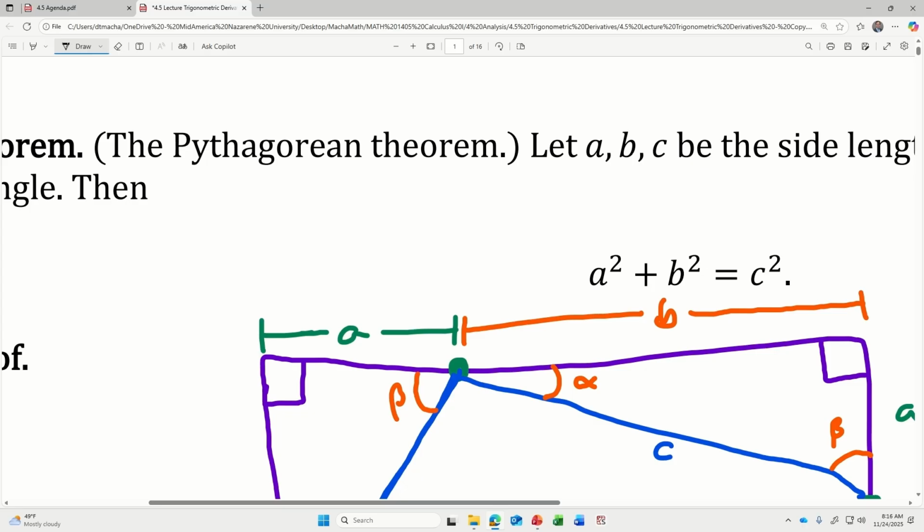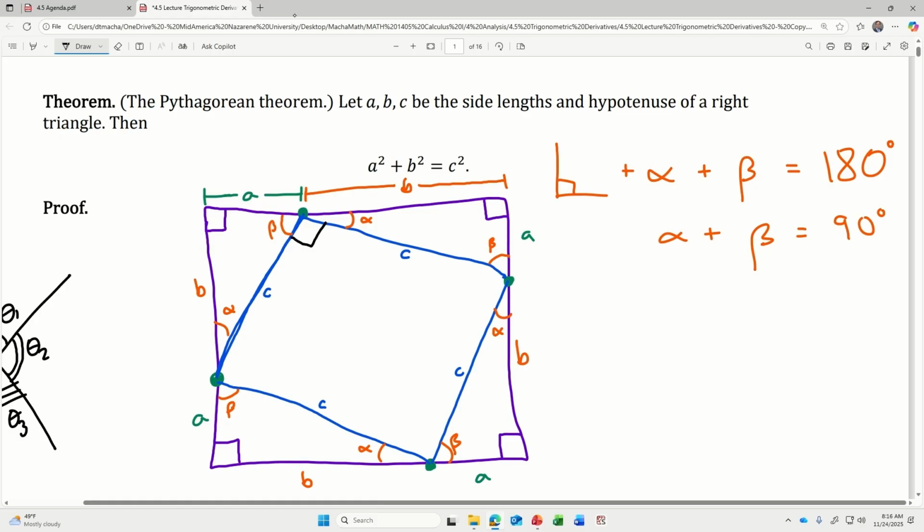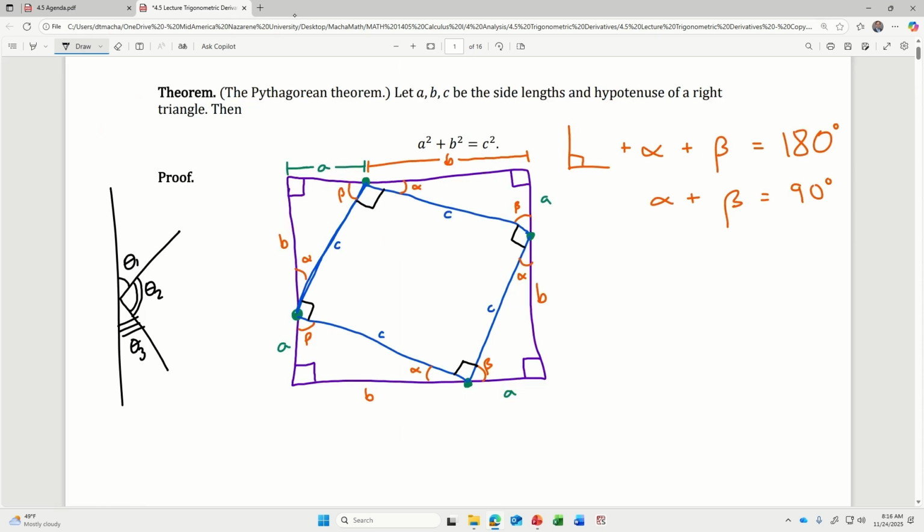Okay, so now I know that this is a 90-degree right angle here. And because this is symmetric on all four sides, I've got alpha plus beta plus the missing angle equals a straight line, then all of these angles are 90-degree angles. And now we actually know that this is a square.